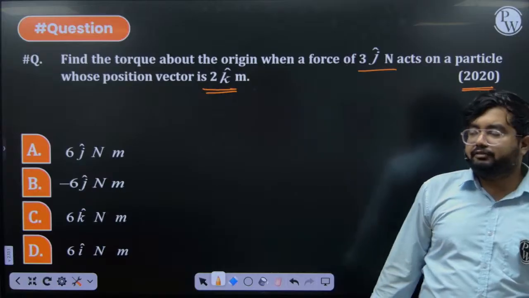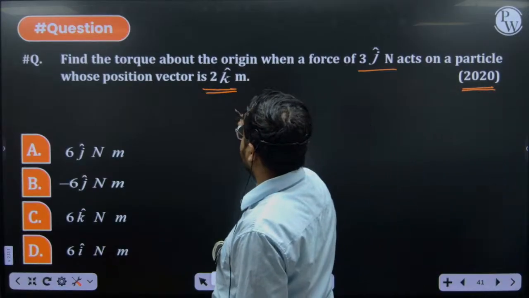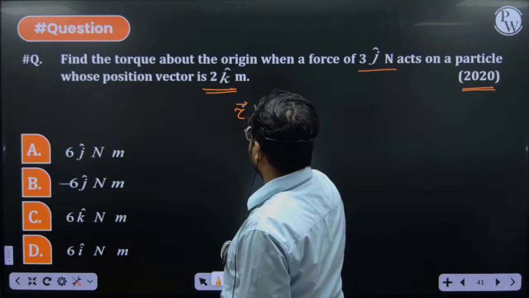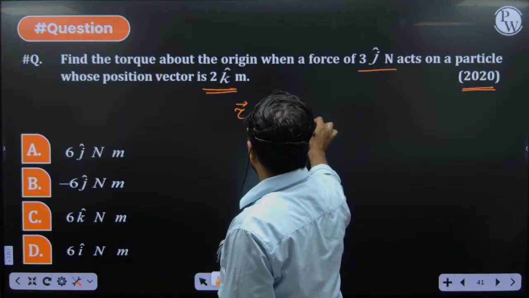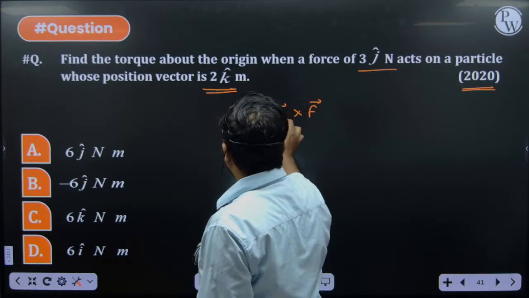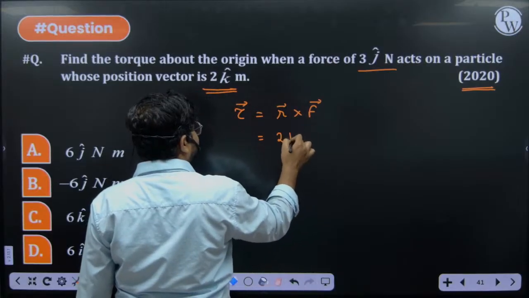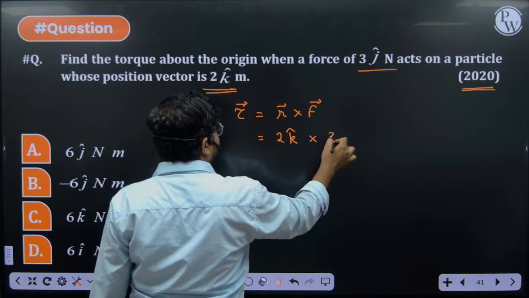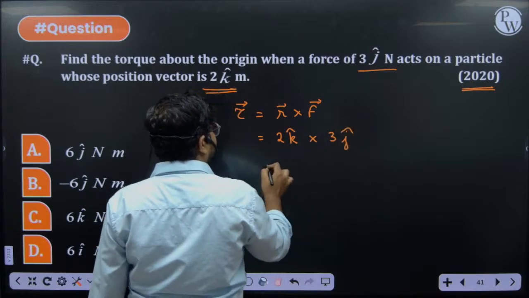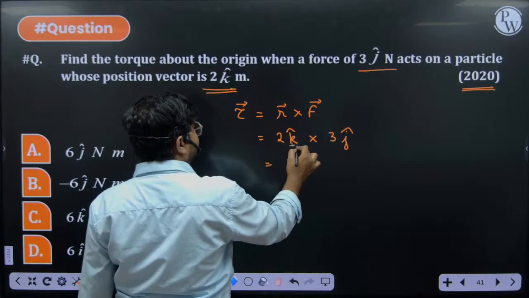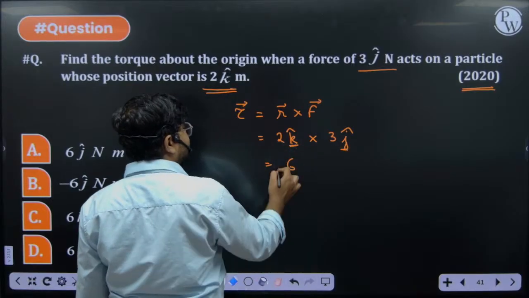So if you want to find the torque, we know the simple formula of torque as R cross F. R has been given to us as 2 k cap and force is 3 j cap. 3 into 2 is 6. K cross j is minus I cap.